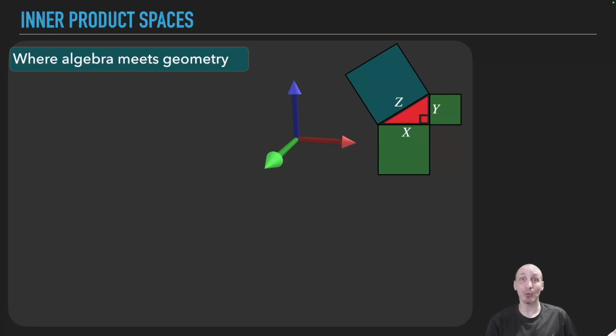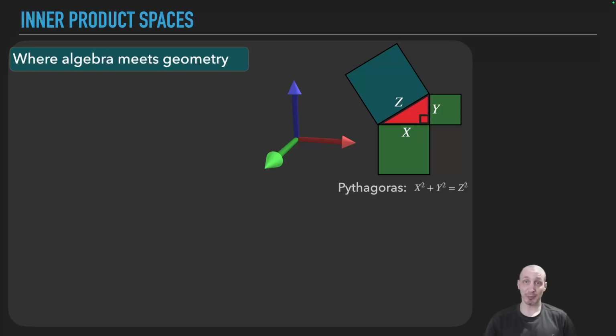Right? Or in other words, we just get the Pythagorean theorem. So again, we added a little bit of geometry, we added this 90 degree angle, and using this geometry, we got a very nice algebraic equation, x squared plus y squared equals z squared. Okay, so this is the meeting point of geometry and algebra.